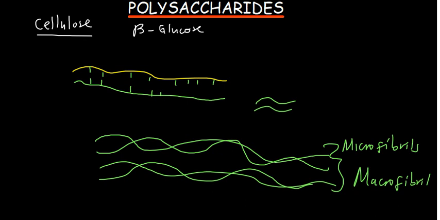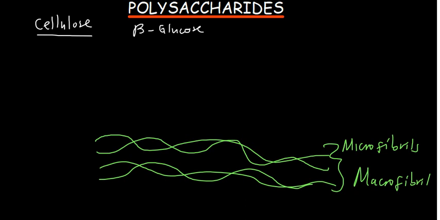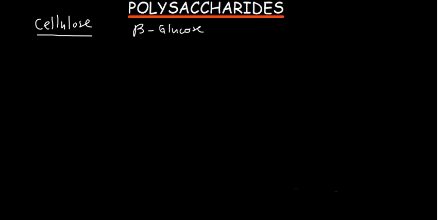Cellulose is the most abundant organic compound on Earth and is a major structural material of plant cell walls. That is again what we should be able to know. So this is cellulose. Now we have talked of microfibrils and fibrils. So you can have this structure like this.